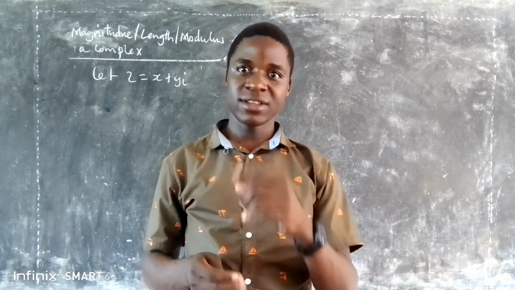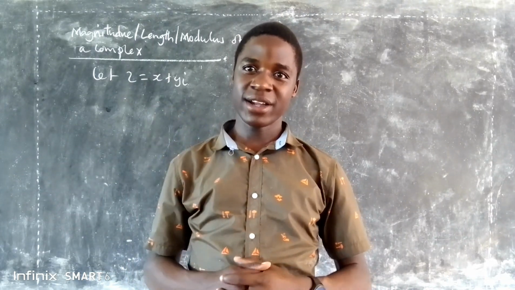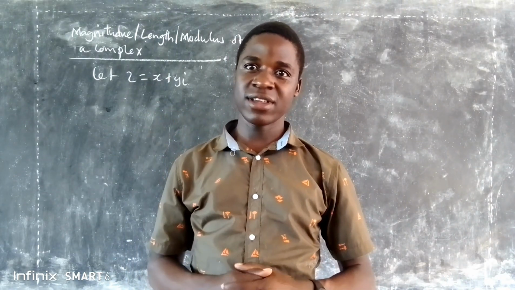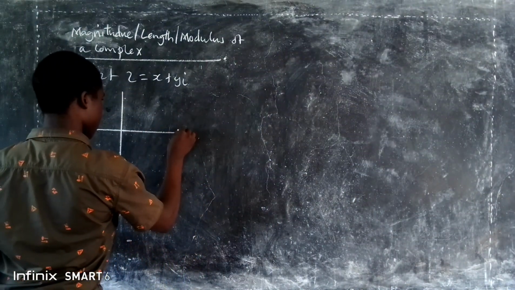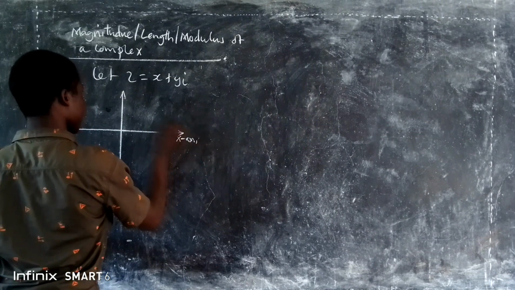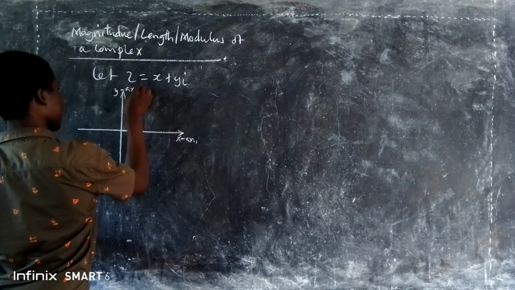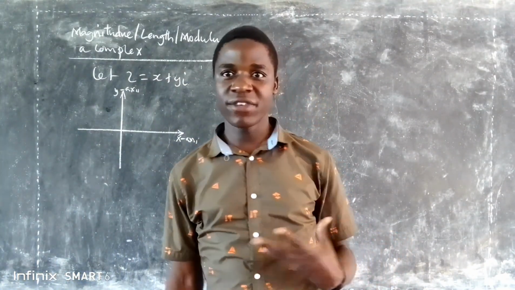Let us first begin with the Cartesian plane. If this is the x-axis and this is the y-axis, we have two axes there. We have a Cartesian plane.